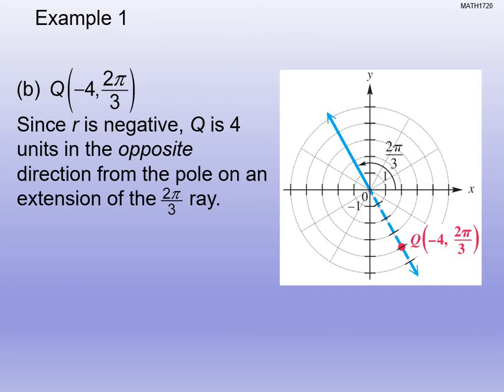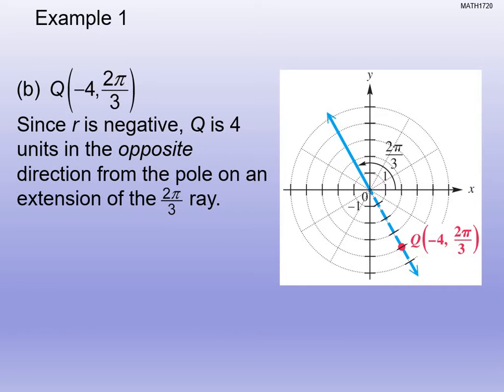So, if we look at 2 pi over 3, technically it's showing positively in the second quadrant. But since our magnitude is -4, we would draw it in the opposite direction.